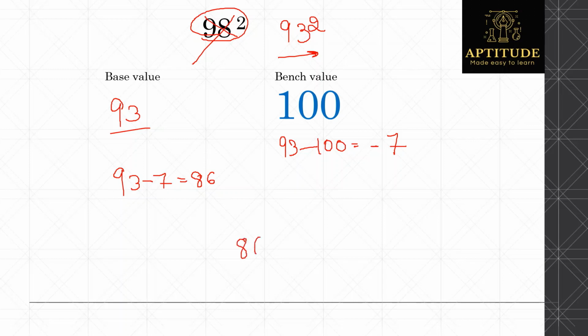So 86 here and 7 square is nothing but 49. So 8649 is the square of 93. And you can verify this. As the number ends with 3, 3 square means my square value should always end with 9. Yes, of course it is ending. So you can cross check like this if you're having a doubt whether you're getting a correct square or not.